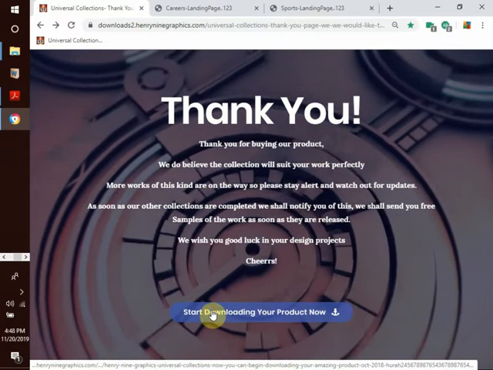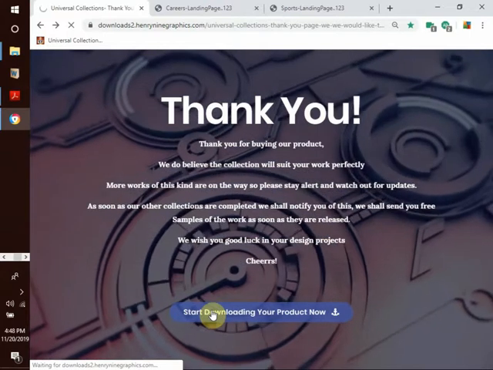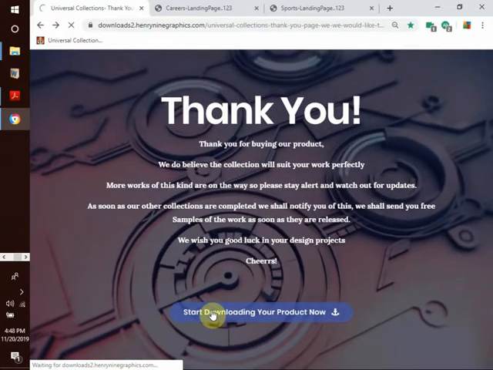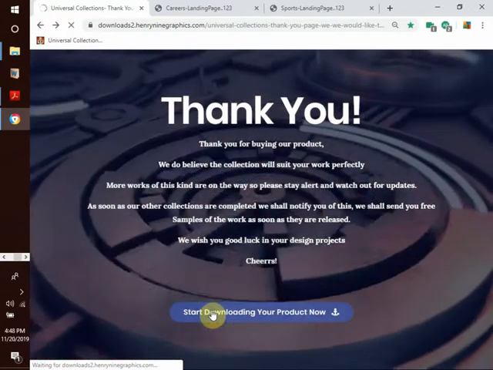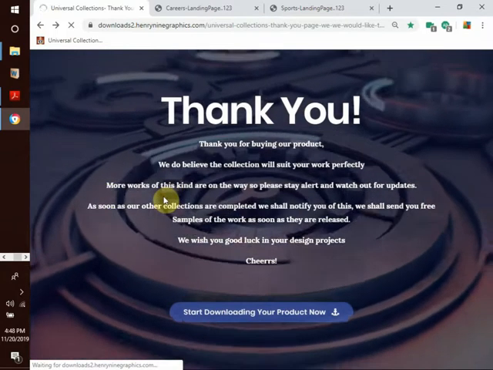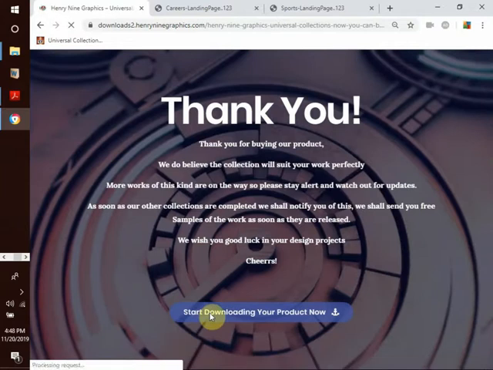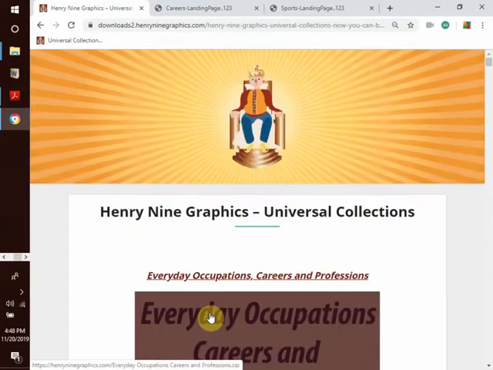You click through it. Wait for a few seconds for the page to load. And voila, here we are.